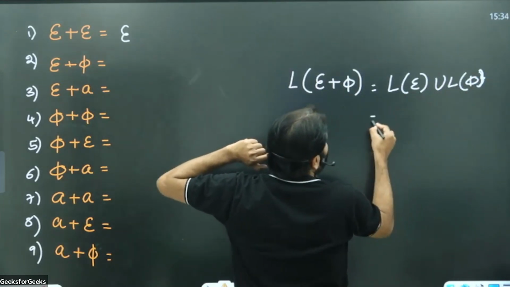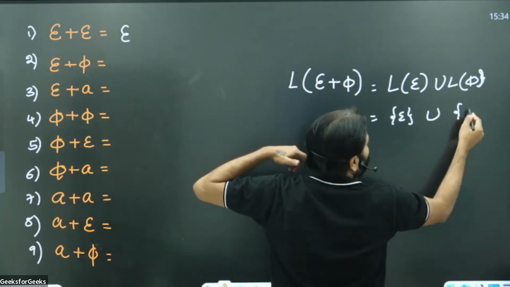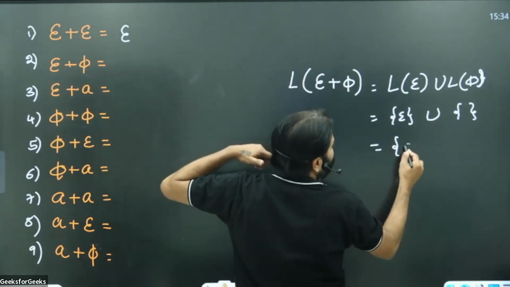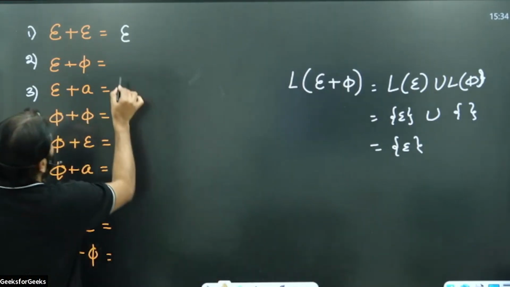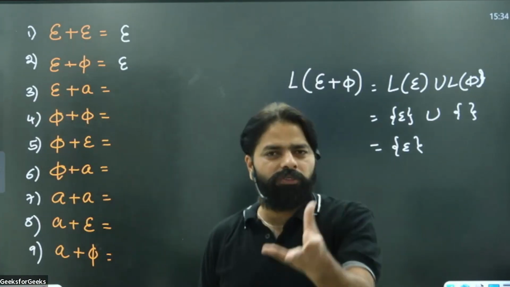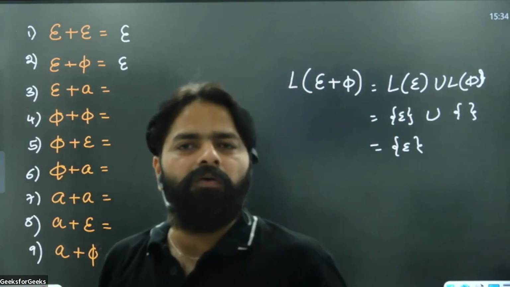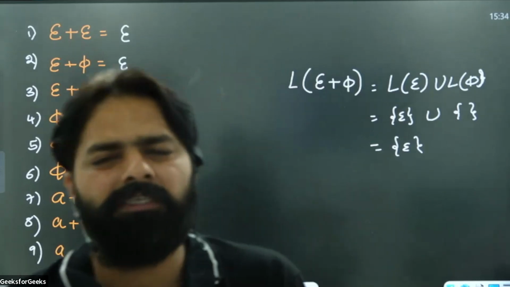Correct? For this, you will generate only epsilon. For this, you will generate nothing. So overall, you will get epsilon only. So when I look at an expression, can I simply write epsilon rather than epsilon plus pi? Because pi generates no string, epsilon generates one string. Overall, in the union, you will get only one string. It's just union of two languages indirectly.